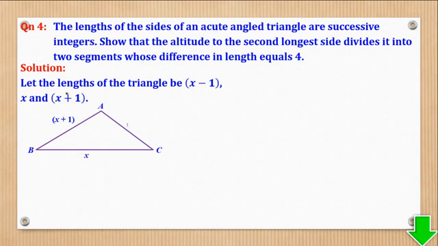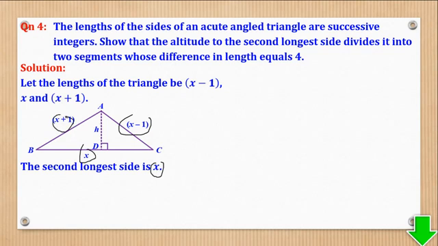So we shall label the sides. This will be the altitude. So the second longest side is x. If you look at this, this is shortest, second longest, and longest. So here they talked about the second longest, which is this. And they said the altitude to the second longest. That is why we have drawn from A to this.